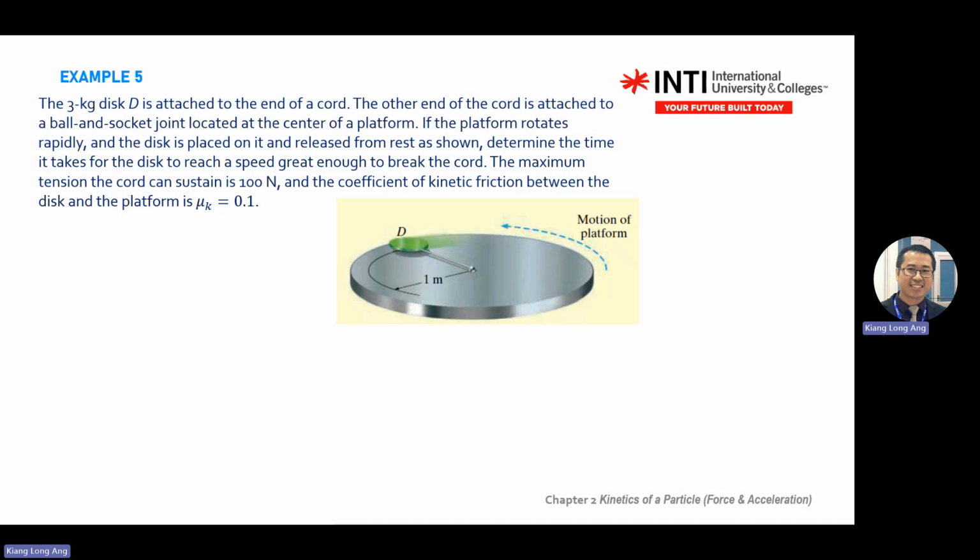So the keyword here is determine the time it takes to reach the speed great enough to break the cord. What is your focus here? The green disc, or the rope?